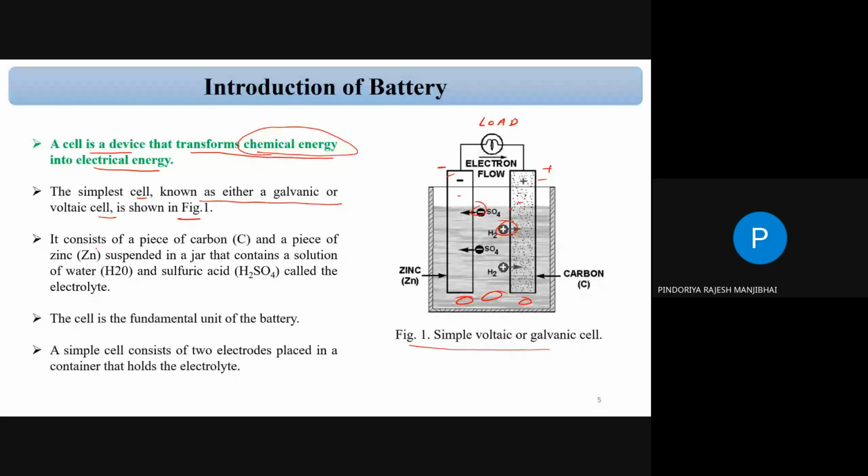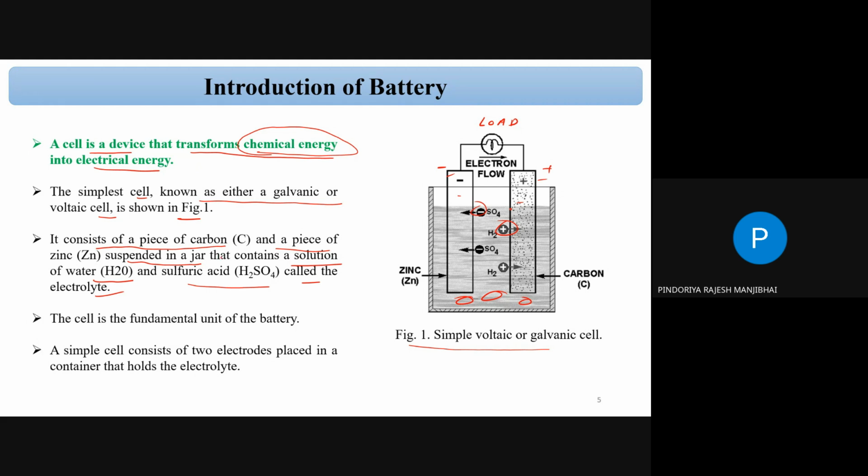It consists of a piece of carbon, C, and a piece of zinc suspended in a jar. We put the positive and negative terminals together, separated by insulation, in a solution of water, H2O, and sulfuric acid, H2SO4, called the electrolyte. By the action of the electrolyte, we can generate electrical energy.